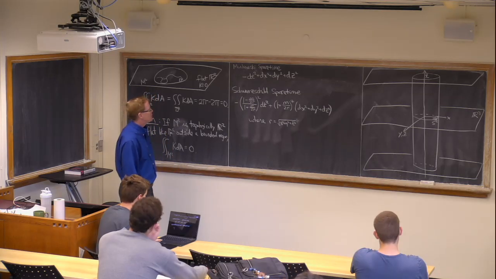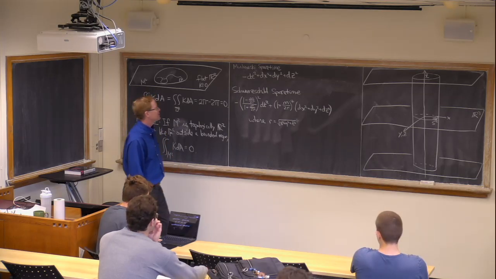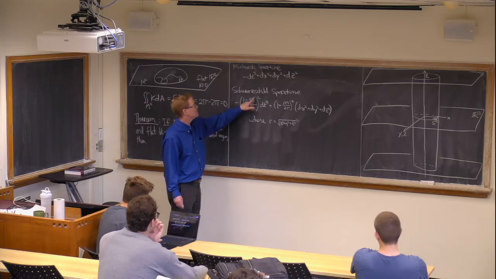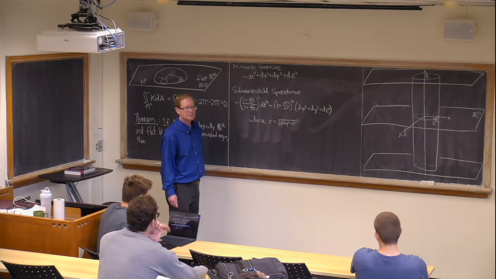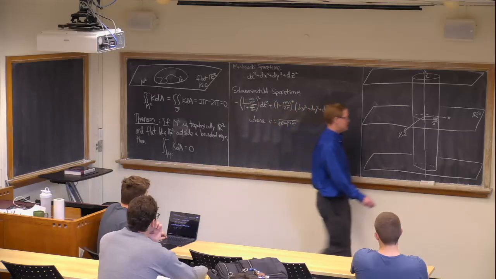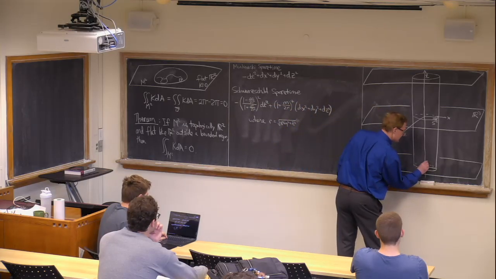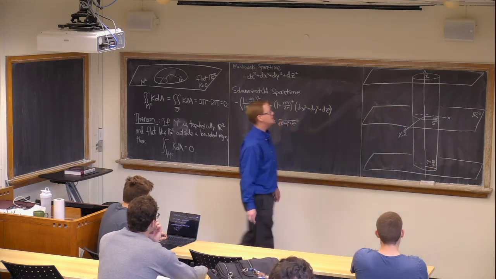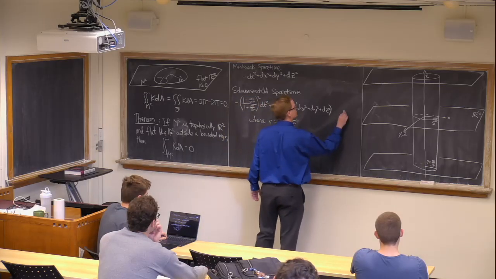Now, you may notice that something interesting happens when r equals m over 2. This factor here becomes 0. And so this sphere over here actually is the coordinate sphere where r equals m over 2. By the way, I'm going to assume m is positive.